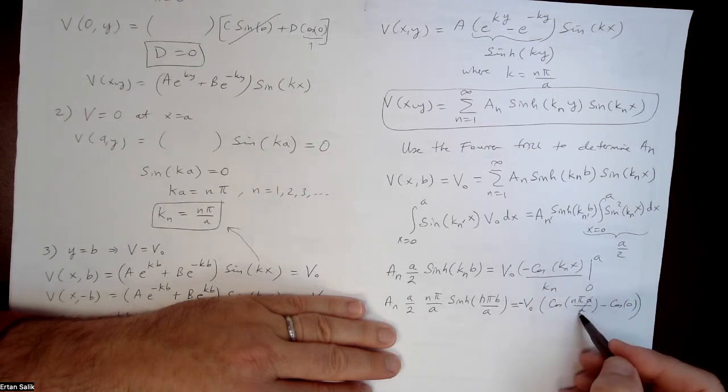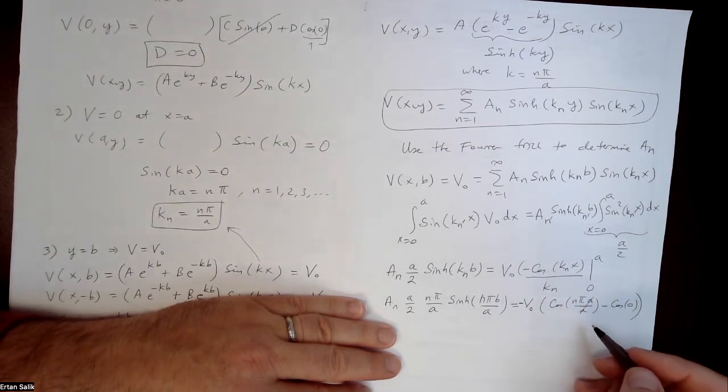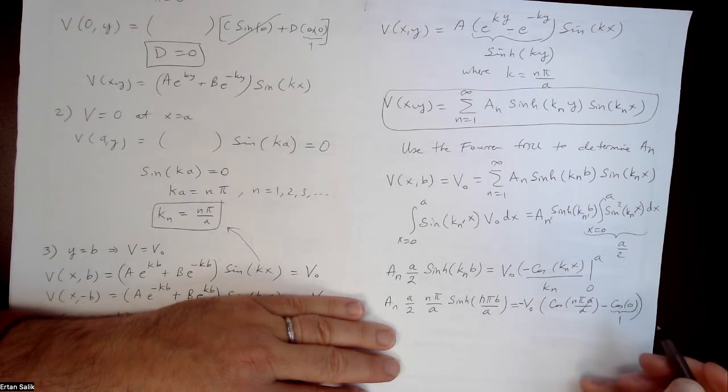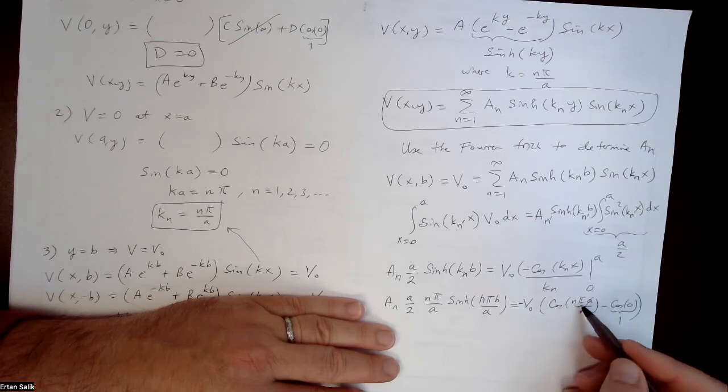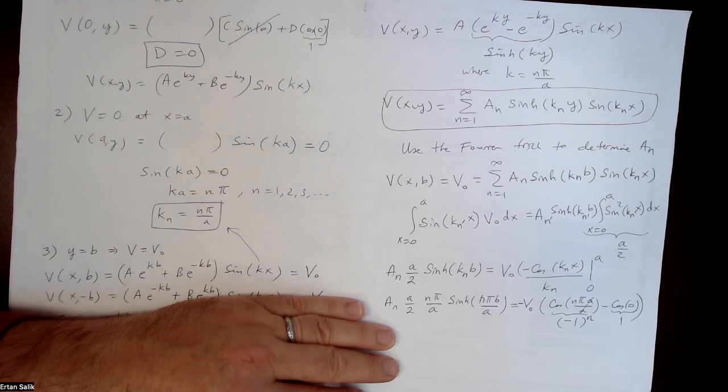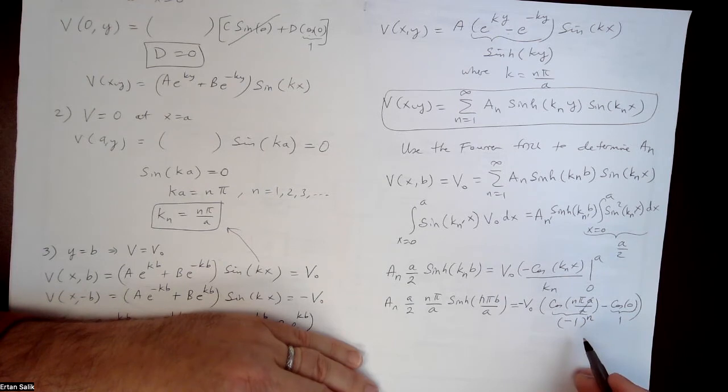Okay, so this is cosine n pi minus cosine 0. This is 1, but cosine n pi, if n equals 0, it's positive 1. N equals 1, cosine pi is negative 1. So it's going to be minus 1 to the power n. Okay. Odd powers, it's going to give you negative, and even powers, it's going to give you positive. Okay. So minus 1 to the power n minus 1, and there's another minus 1 here.